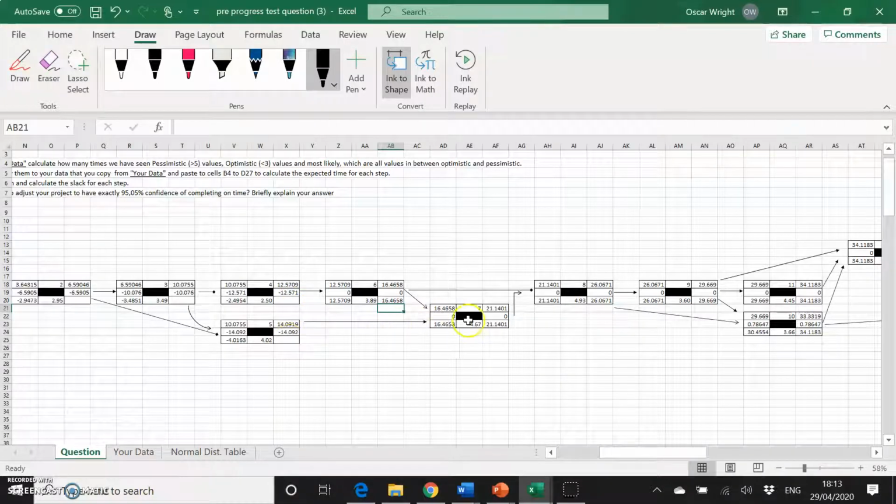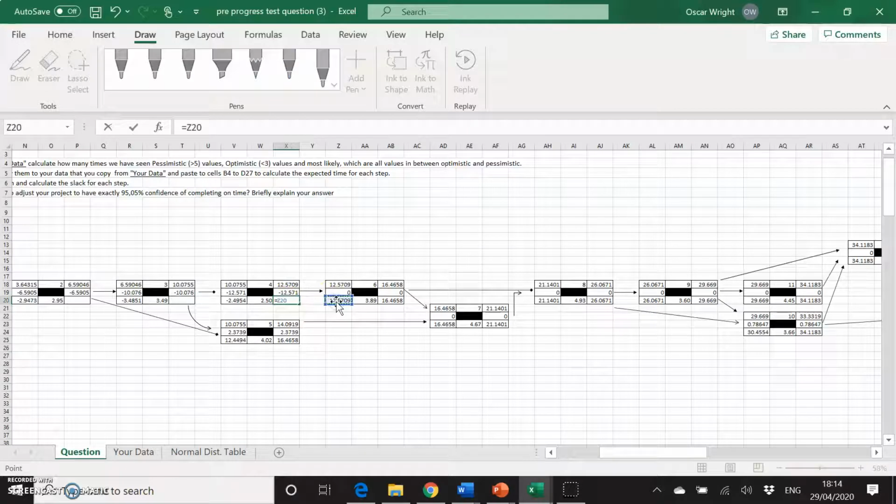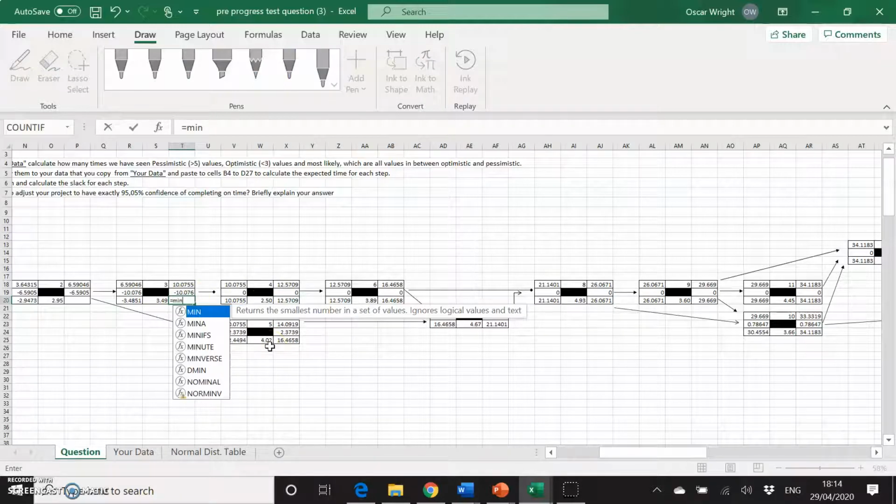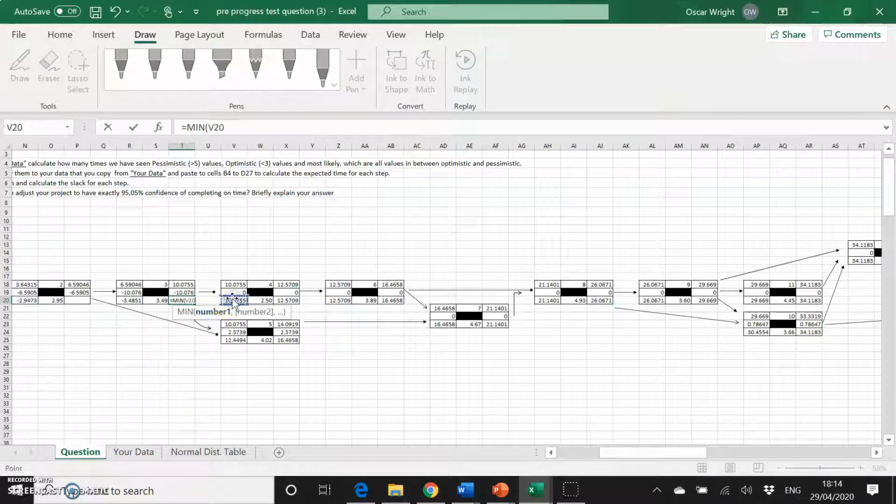Number 5 only goes to number 7, so we know that must equal the late start from number 7. Number 4 only goes to number 6, so again it must equal the late start of number 6. Late finish for number 3, so 3 goes to both 4 and 5, so it must be the minimum value between the late starts for both 4 and 5.